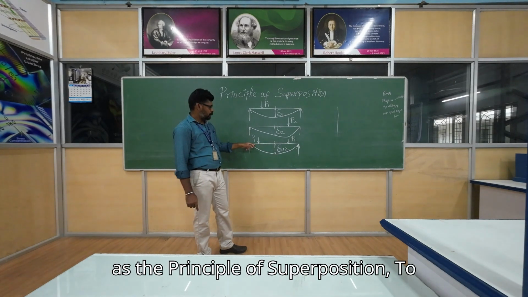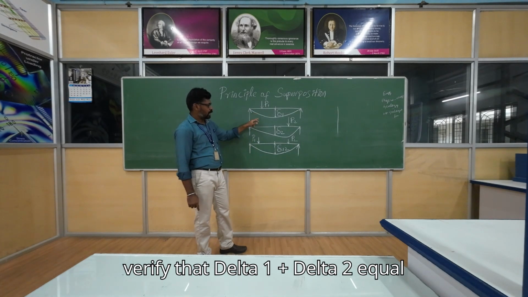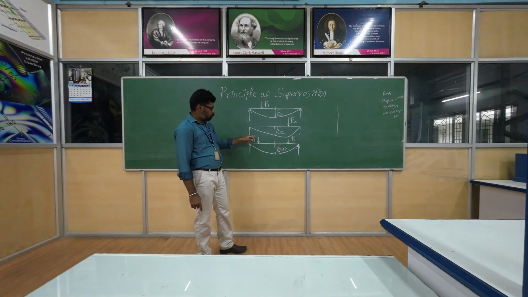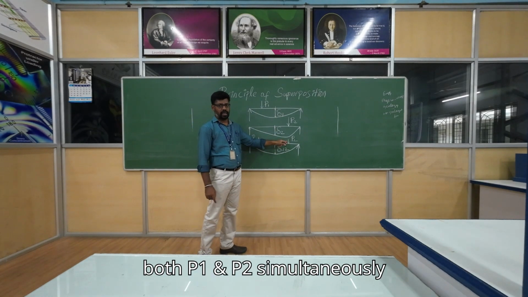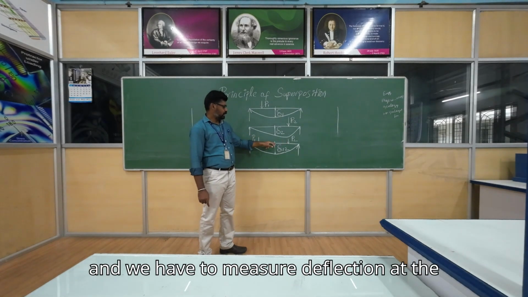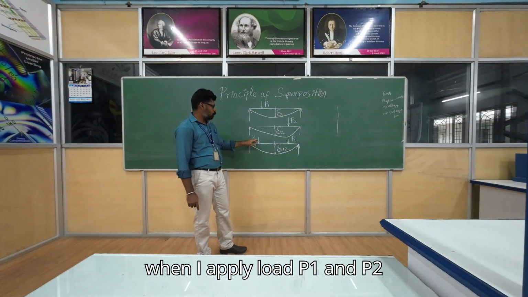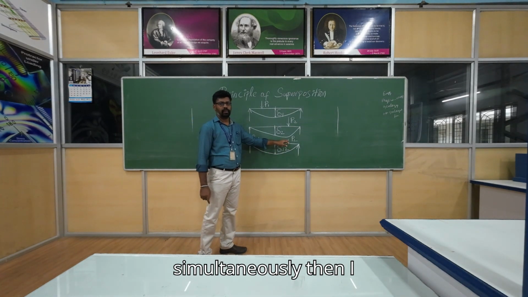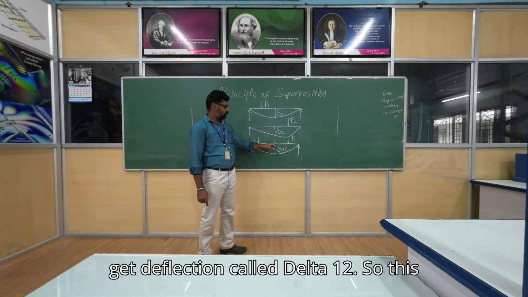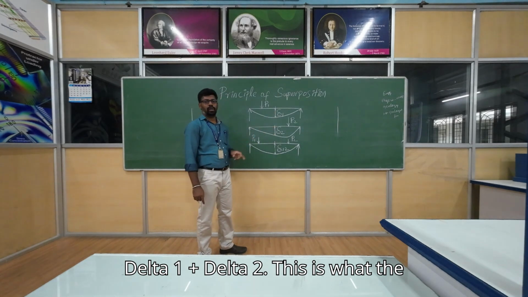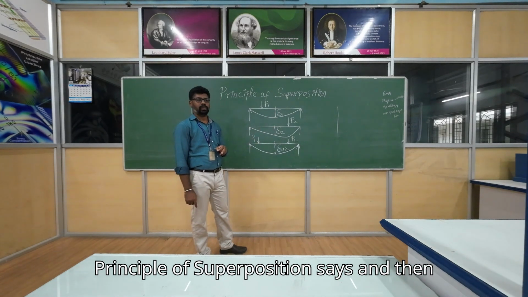To verify that delta 1 plus delta 2 equals delta 12, we have to apply both P1 and P2 simultaneously and measure the deflection at the same point, the midpoint. When I apply loads P1 and P2 simultaneously, I get a deflection called delta 12. This delta 12 should be equal to delta 1 plus delta 2. This is what the principle of superposition says.